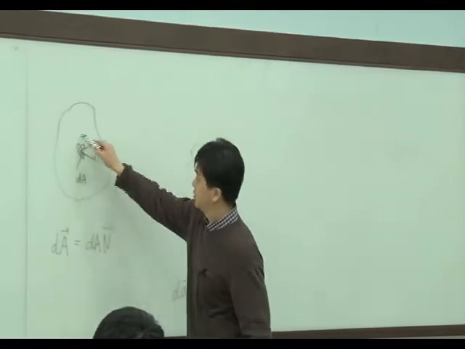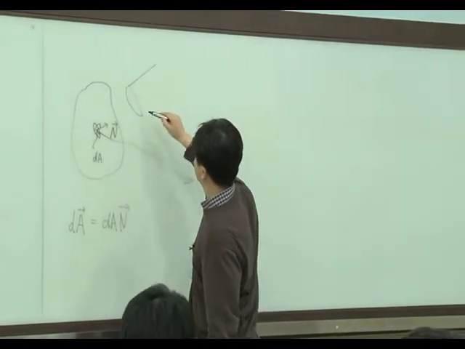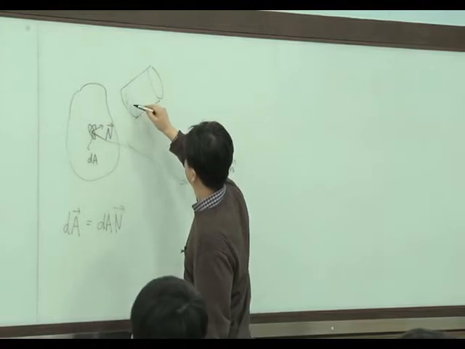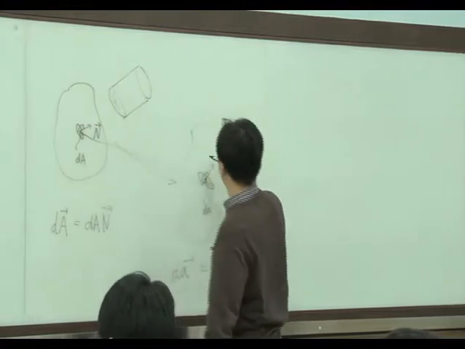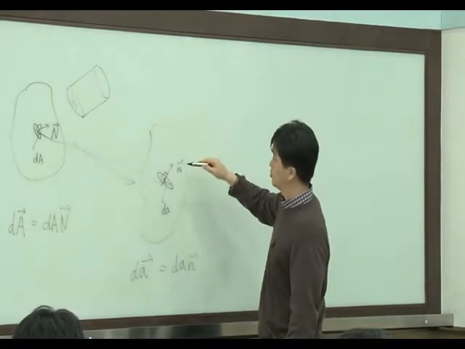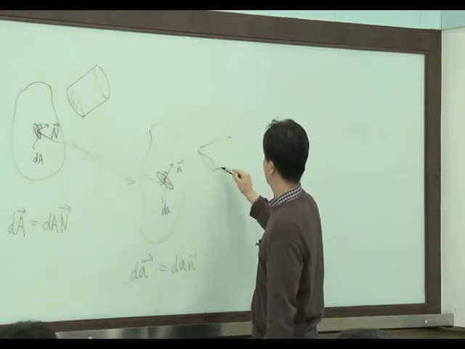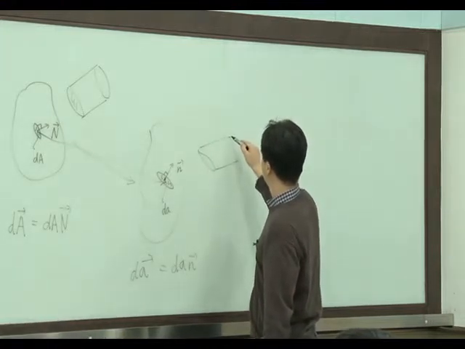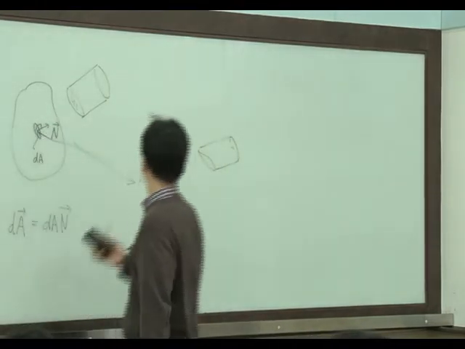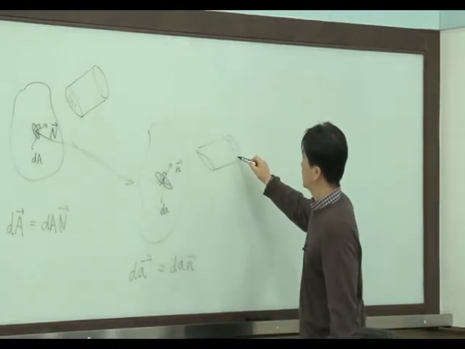Let's consider in this case some cylinder, something like that. That cylinder has some volume. In this case, that cylinder can be changed. Something like that.